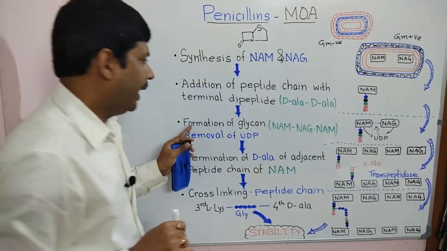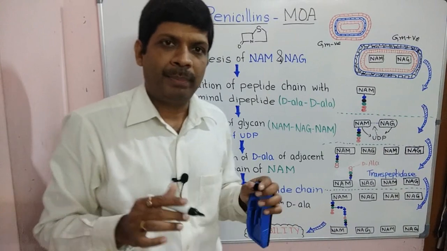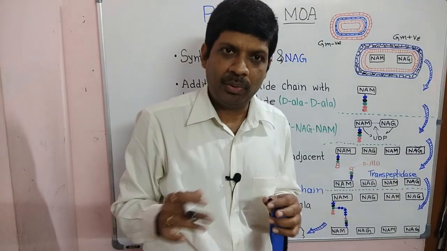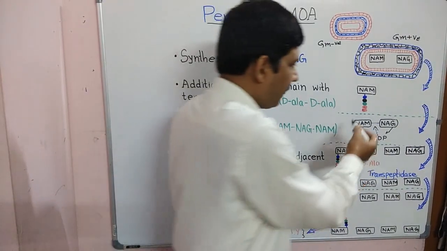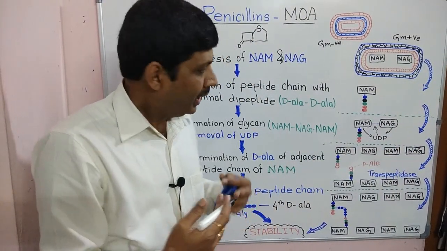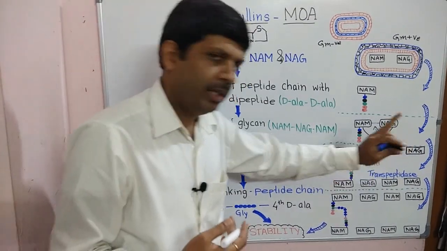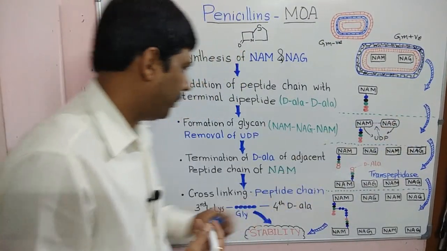So there is a linkage formation of glycan, and this is known as the peptidoglycan chain, where many amino sugars are attached together. Now UDP is removed and then the linkage is formed.